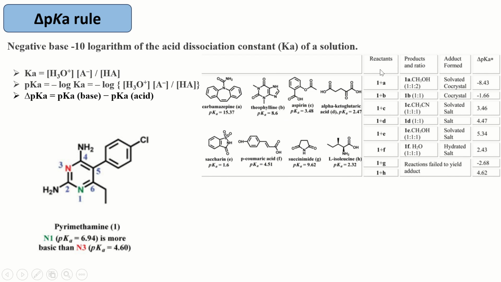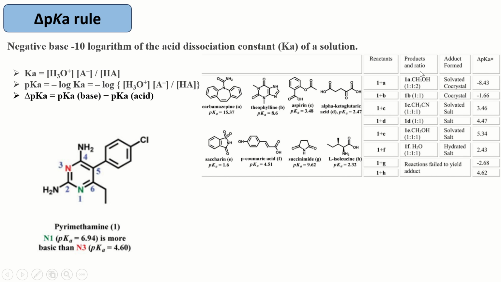We form the co-crystals of 1, meaning pyrimethamine, and A, B, C, D, meaning their respective co-formers. 1 plus A means pyrimethamine and carbamazepine, and 1 plus B means pyrimethamine and theophylline.